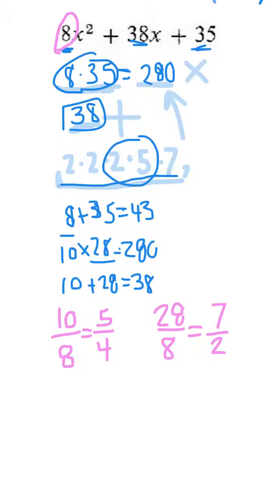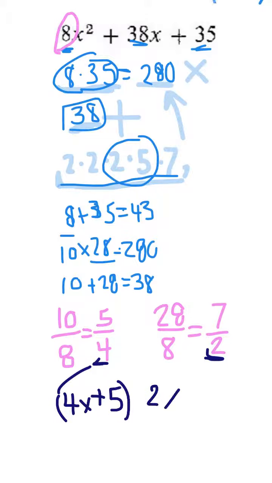And then bottoms up to write our final factors. So 4x plus, because everything's positive, plus 5 is one factor, and 2x plus 7 is the other factor.